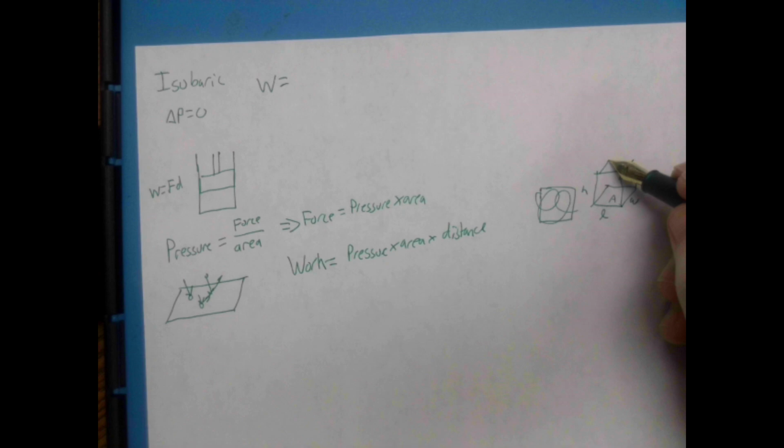For this one, the change in U is Q minus W. And I'll explain this in a little bit. You could also simplify this Q minus W, so it would be this minus this.